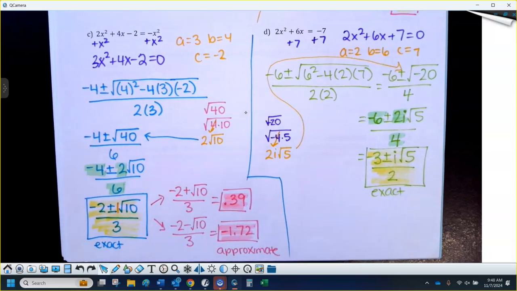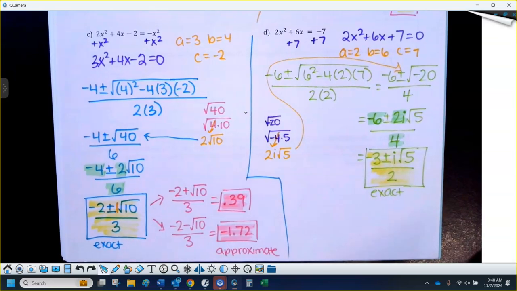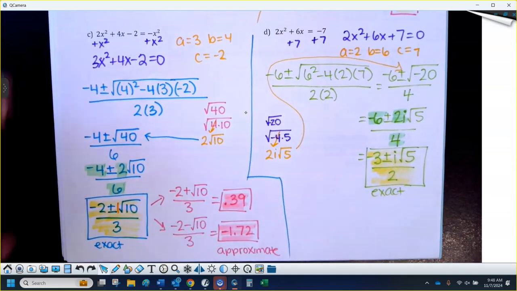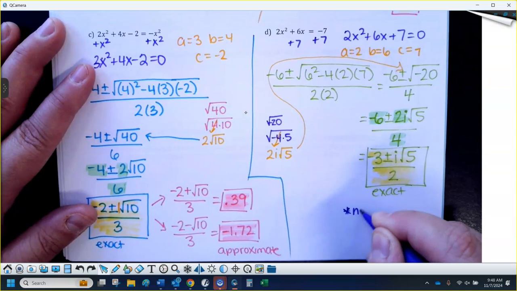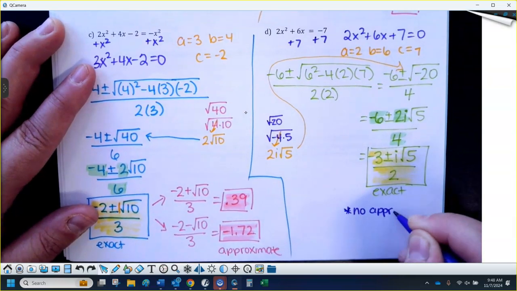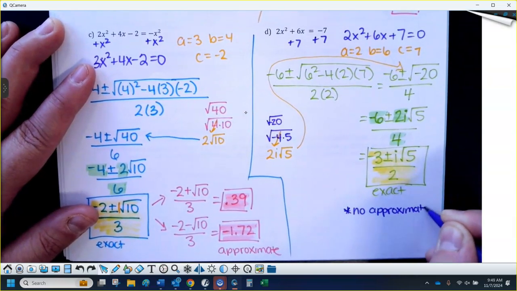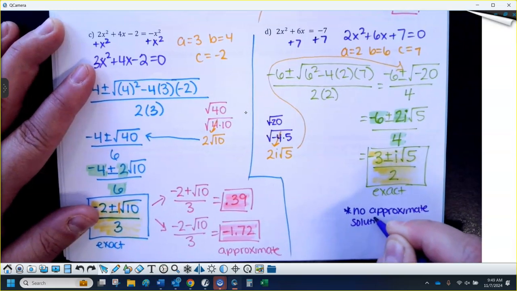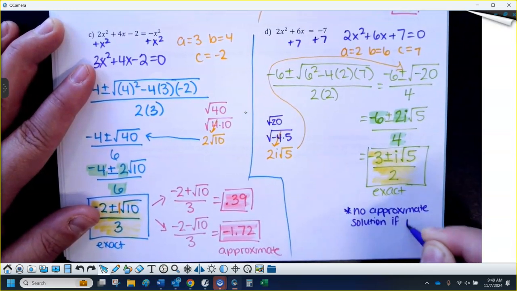An approximated solution, we'd take the square root, whatever. And I know I showed you there's an i button on the calculator, but these are really to help you visualize, like, where would this cross the x-axis? This is not going to cross the x-axis. So I'm going to say we're going to have no approximate solution if it's imaginary.